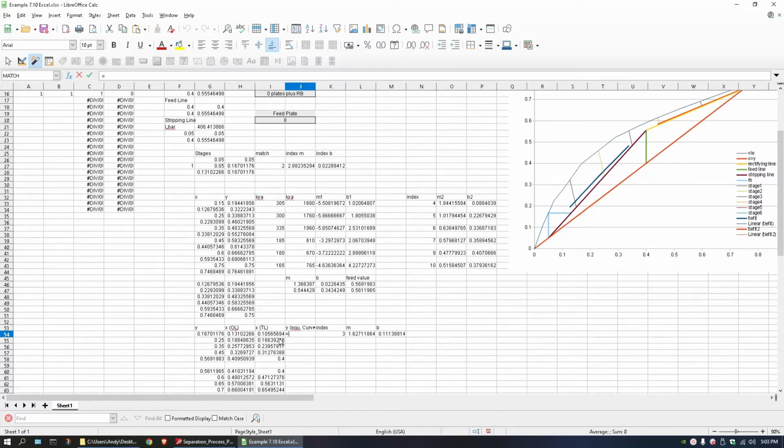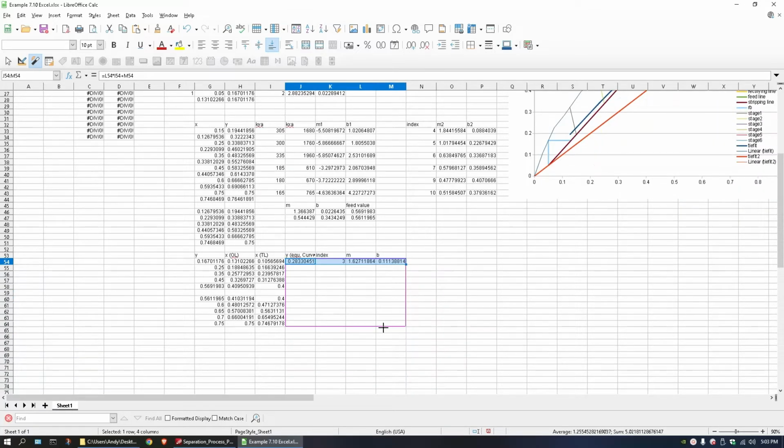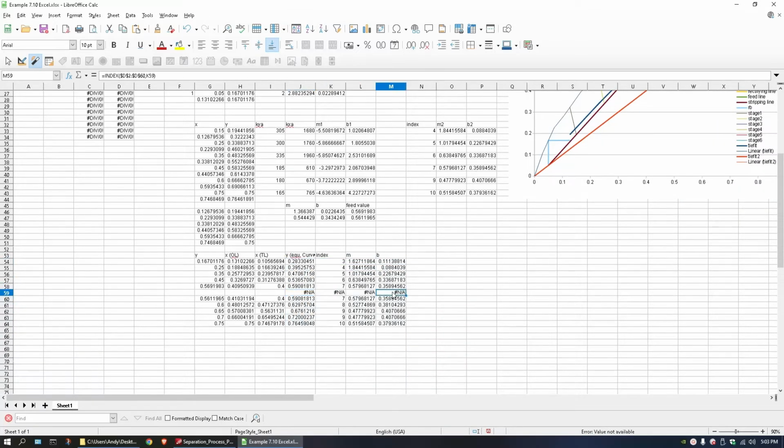So that will be our m, well, technically to do it right, it's m times our x plus b. Okay, so we have that, and that's not going to change, so we can copy all this down and delete these.